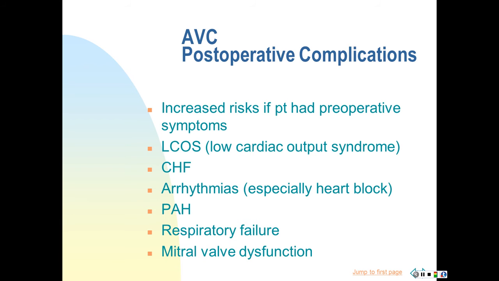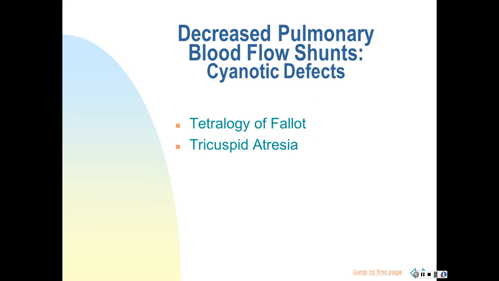Low cardiac output syndrome is a problem because we've done a lot of cutting in the ventricles, and they're kind of stunned, and they don't have very good contractility for sometimes as much as 2 or 3 days. So that can be a problem. And we already talked about the mitral valve problem. Respiratory failure is simply because of all the other things that we've just listed. So that's the end of our increased pulmonary blood flow grouping.